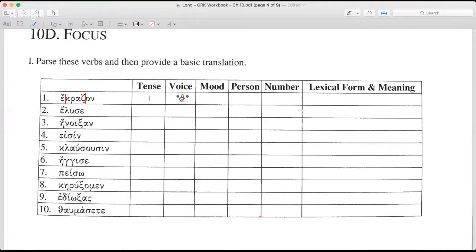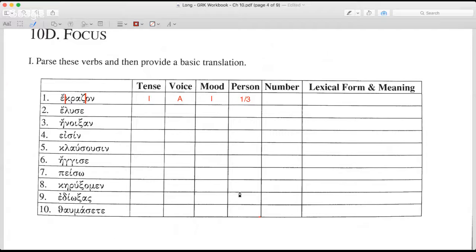What's my mood? Indicative, because the answer is always indicative. What's the person? First or third? Yeah, so this is first or third. It could be either. Context is what's going to help you out with that.